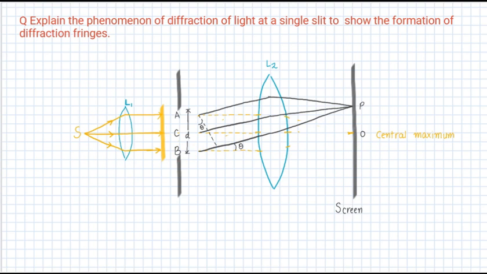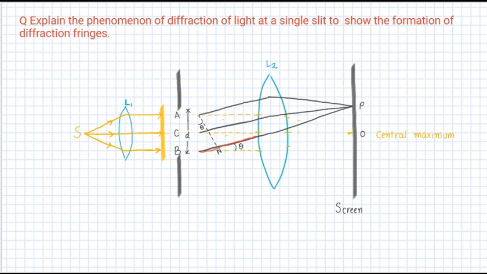To show the extra path difference, what you can do is draw a perpendicular line on this third ray. Let us say this perpendicular is AN. Fine, your AN is perpendicular.